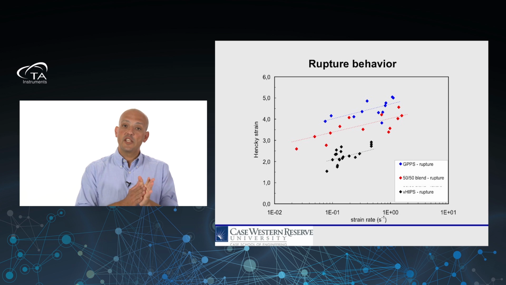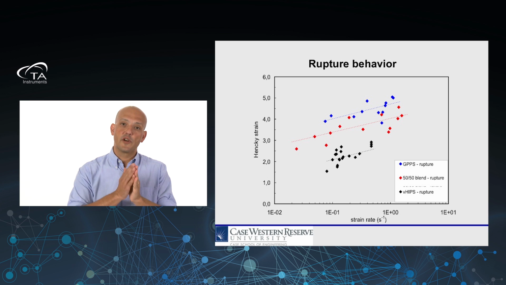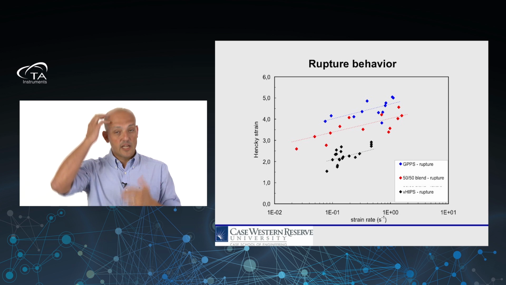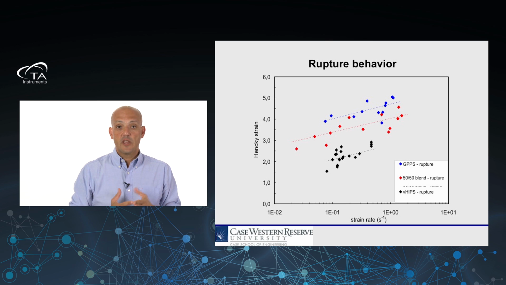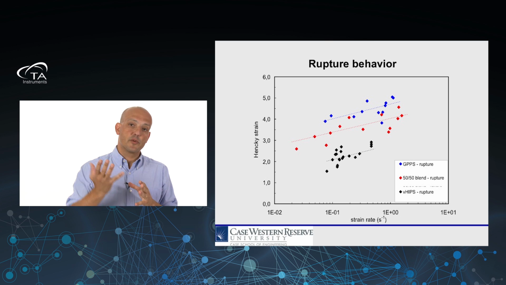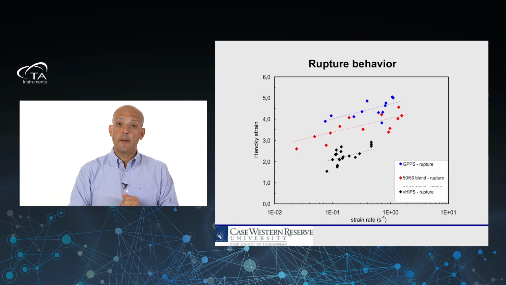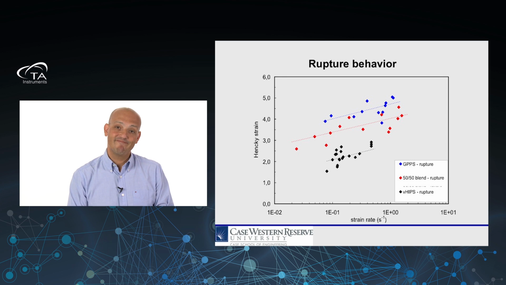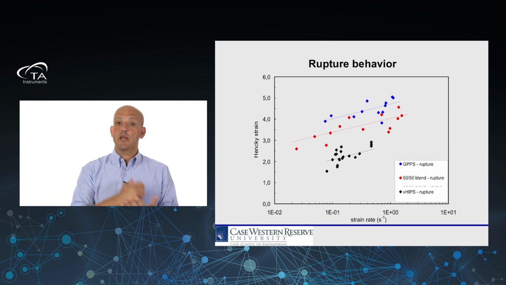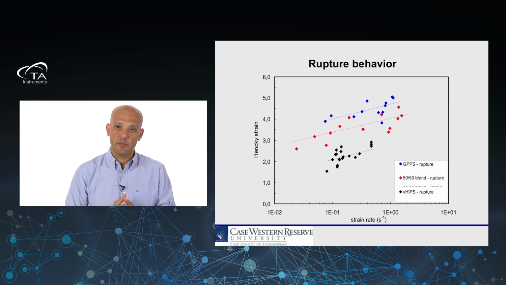So now one of the things we wanted to do is confirm that this blend actually does bring out the best of both worlds. So we know that the general purpose polystyrene is highly stretchable, highly deformable, but has very poor mechanical properties, whereas the high impact polystyrene is not as deformable but has better mechanical properties.